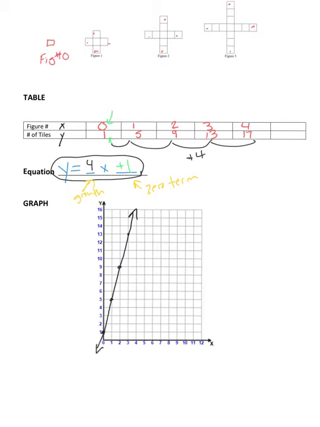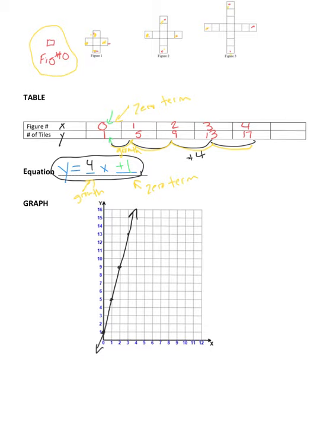For our table, you can see the growth from one to the next, and here's our 0 term. For our tile pattern, figure 0, we have 1 tile. And then the growth we're seeing is that we are adding 4 tiles each time.